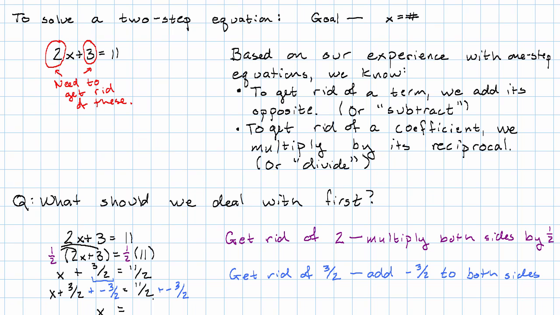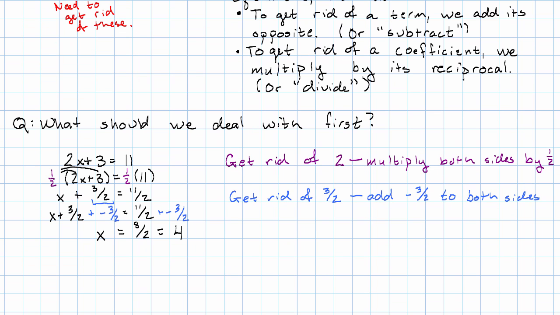On the right, I have the same denominator, so 11 plus negative 3, I have 8 halves, which is just 4. So I get the solution x equals 4.